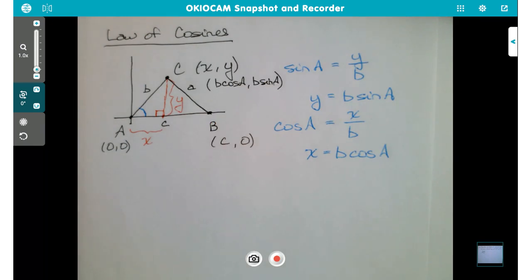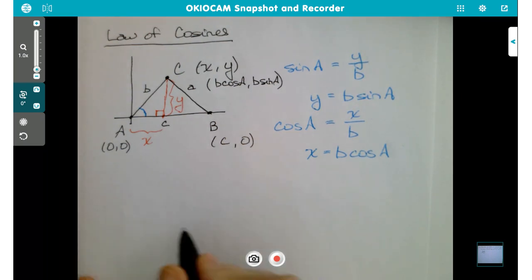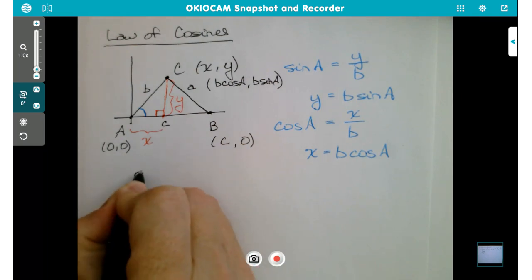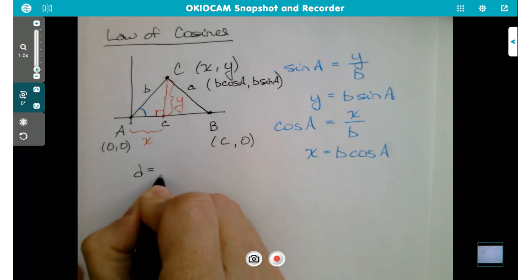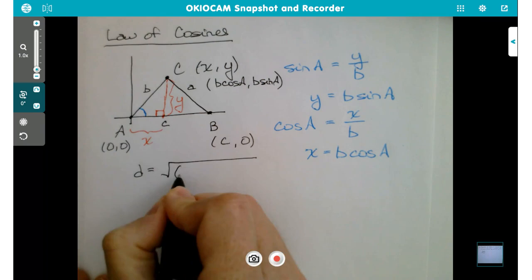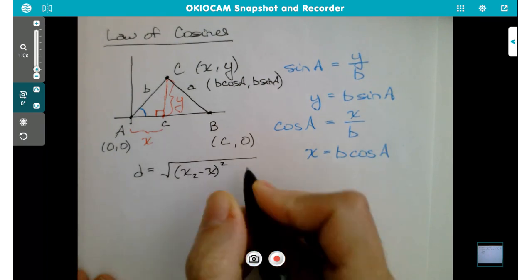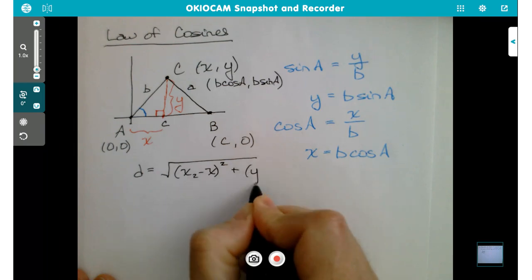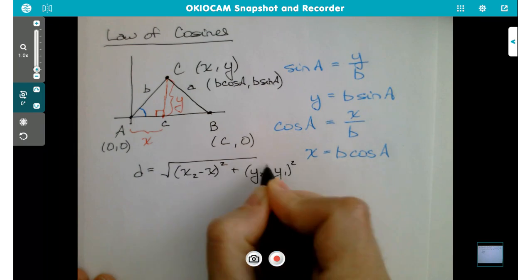One other thing we want to call back to mind before we launch here, we haven't launched yet, this is all just laying the groundwork, is the distance formula. This is probably something you've known for a long time. Just so you don't have to dig it up, here it is. Distance formula based on the Pythagorean theorem. So the difference of the x coordinates squared, plus the difference of the y coordinates squared.